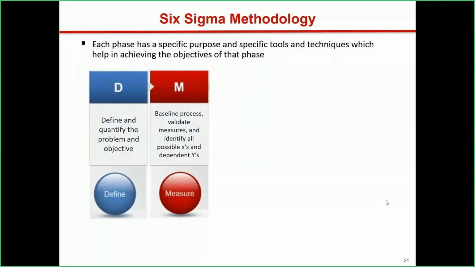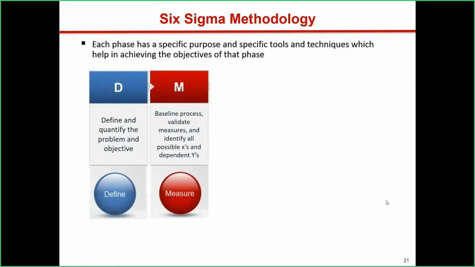And identify all the possible X's and dependent Y's. When I say possible X's, I mean all the possible X's, everything. Here we are not going to say that I'm only going to look into significant X's. No, we have to first identify all the X's, that is all the inputs which are required for the process that we are trying to improve.